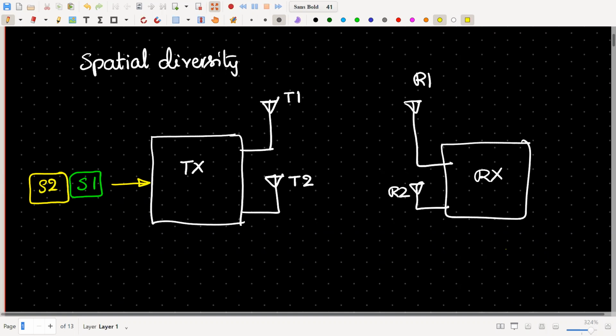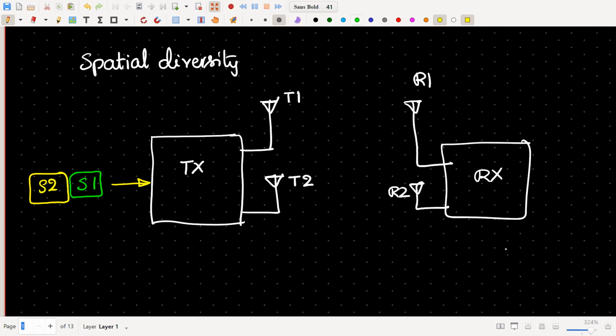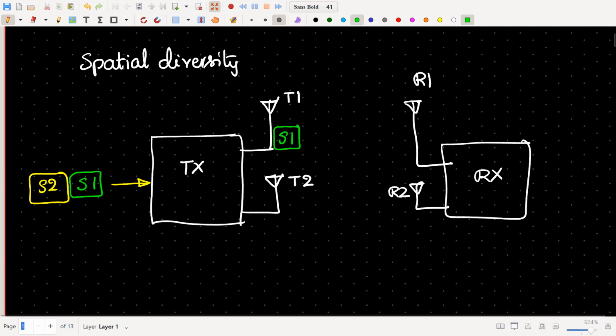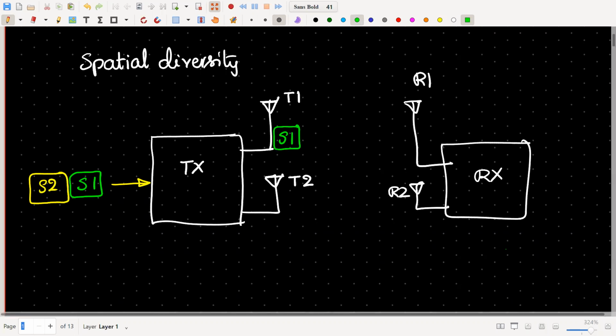Now if it is a spatial diversity scheme, transmitter antenna 1 is transmitting symbol S1. Transmitter antenna 2 also transmits the same symbol S1, over the multiple paths available. In this case, we have 4 paths because we have 2x2 MIMO.